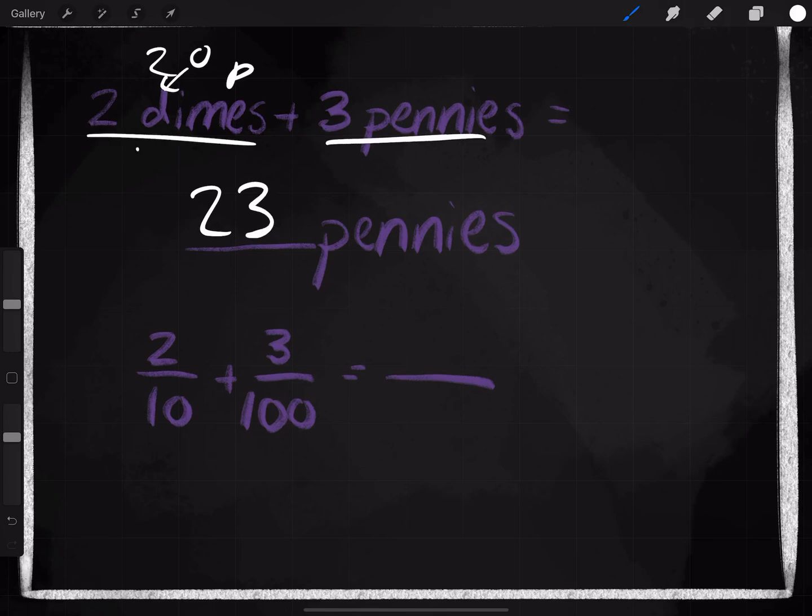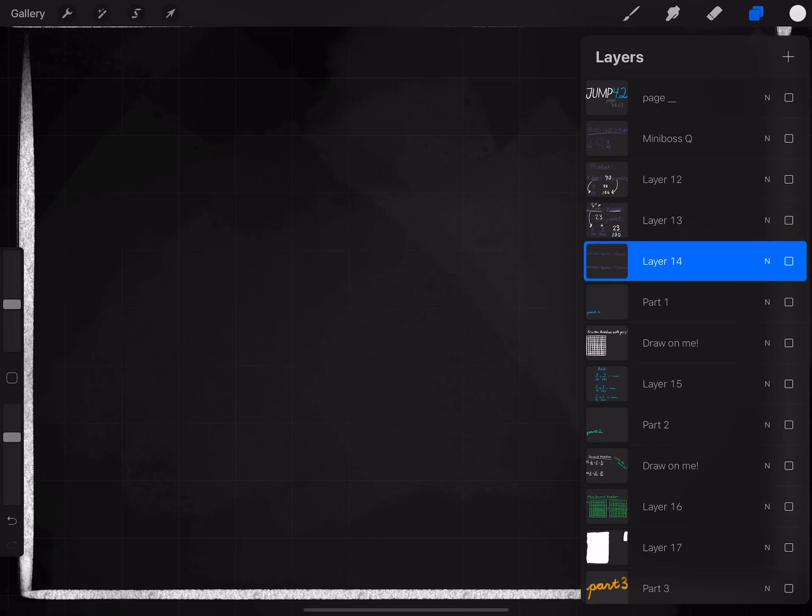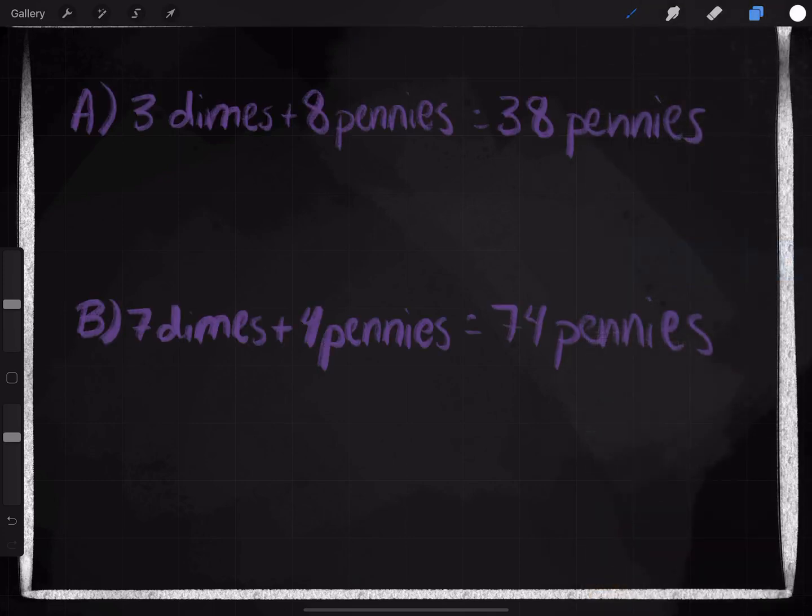So here we've got 2 dimes, 3 pennies equals 23 pennies. So that's if we wrote fractions based on our dimes and pennies. So go ahead and try to write the fraction for each of these equations.